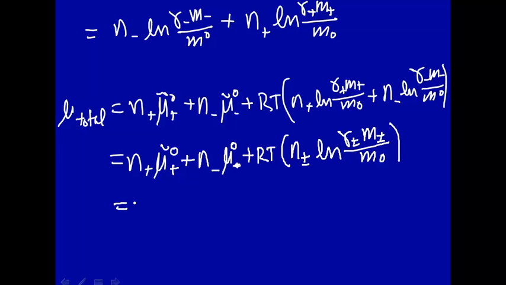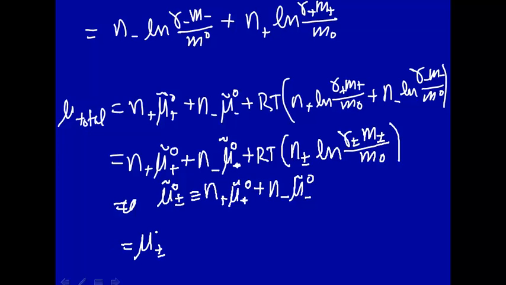So now, let me define mu plus minus standard state as n plus mu plus 0 plus n minus mu minus electrochemical potential 0. In other words, this term we're going to replace with this symbol here. So this is equal to mu plus minus 0 plus RT times the natural log of gamma plus minus m plus minus over m0.